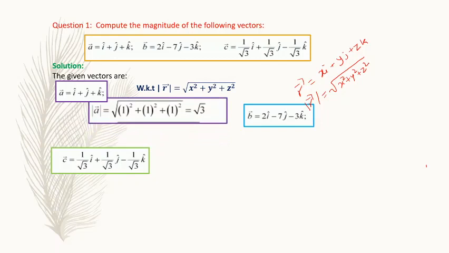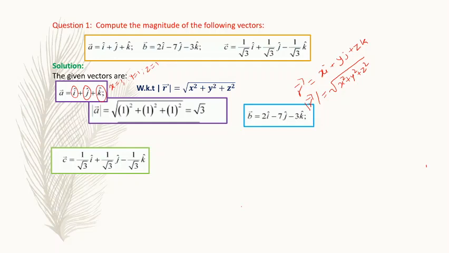Similarly, what's the magnitude of vector B? Before you find the magnitude of vector A, in vector A, what's the value of x? The value of x is 1, y is also 1, and z is also 1. Therefore, the magnitude of vector A is equal to root of 1 square plus 1 square plus 1 square, which is root 3.